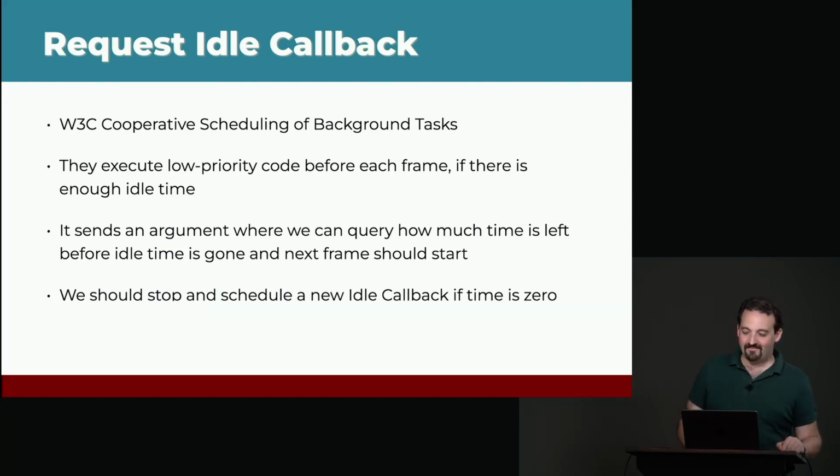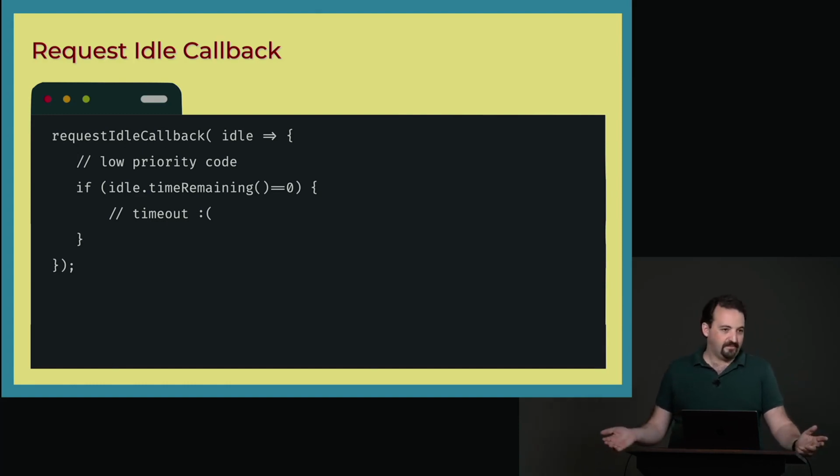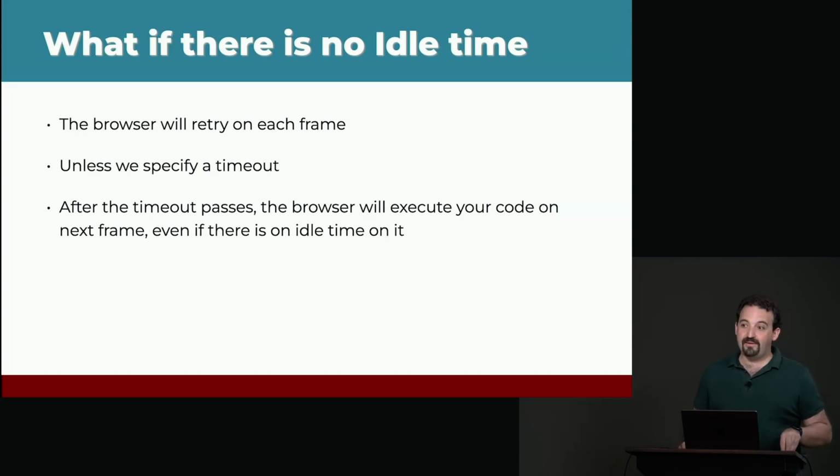Okay, make sense? So it's requestIdleCallback. You receive that argument, and then you check how much time is left. That's all. So instead of setTimeout, you use this one. What if there is no idle time? The browser will retry on each frame, and you can specify a timeout. It's like, you know what?